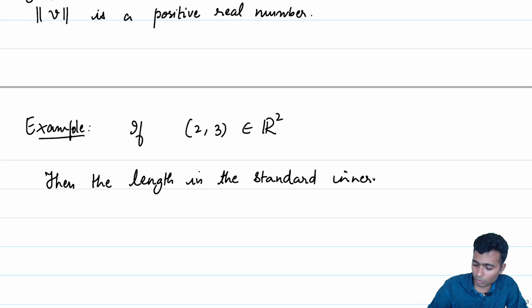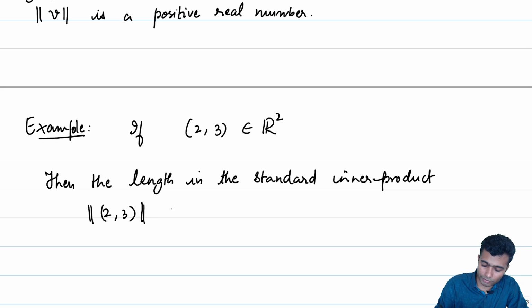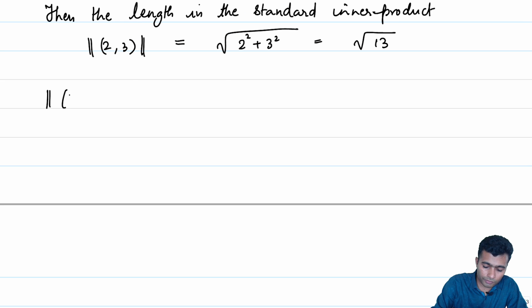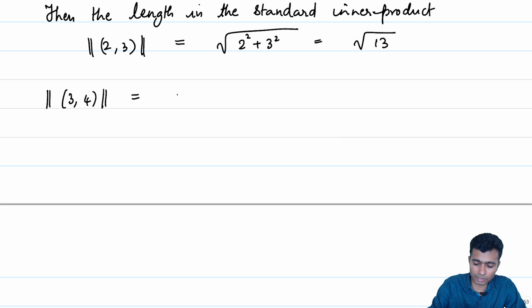Recall that the standard inner product was just the dot product. So this is just going to be the norm of (2, 3), which will be equal to the square root of the inner product of (2, 3) with itself, which is 2 square plus 3 square, which is equal to the square root of 9 plus 4, that is, root 13. And how about the norm of the Pythagorean triplet (3, 4)? You can check that this is just the square root of 25, which is 5.